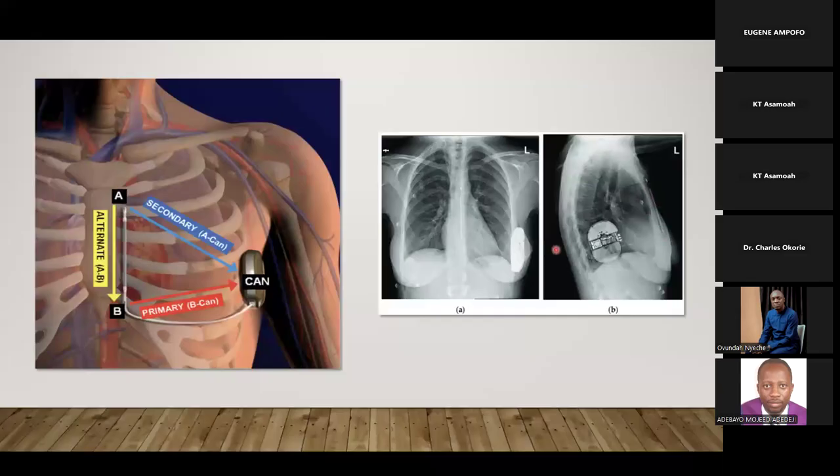Now, the subcutaneous ICD has a much larger pulse generator than the transvenous ICD.